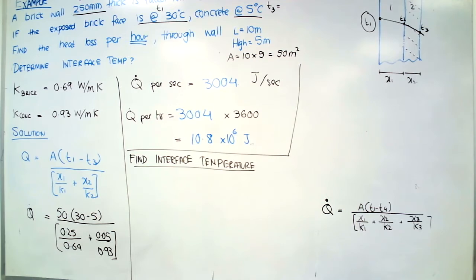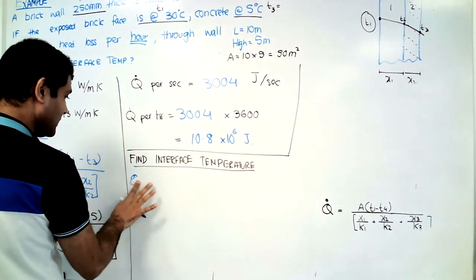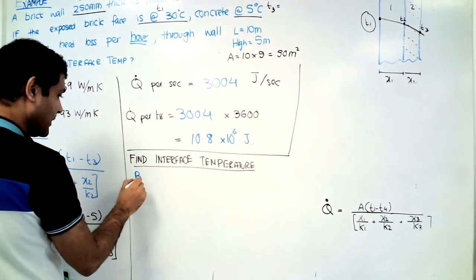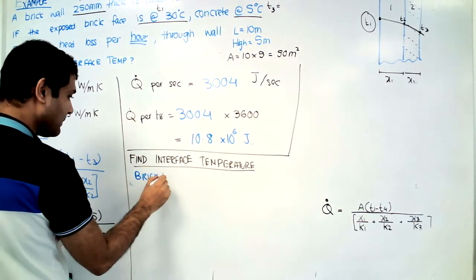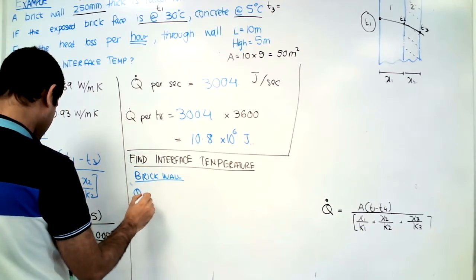Okay, now let's have a look. If we are considering just the brick wall, let's find the Q for the brick wall.